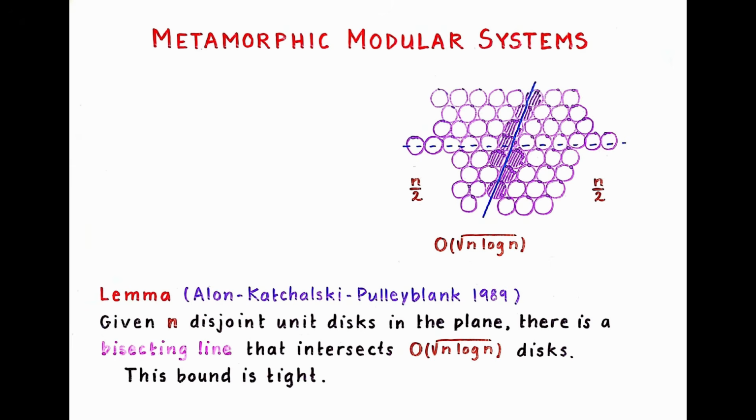You are allowed to choose your favorite line, but you want to cut as few coins as possible. And everybody, I mean me, would conjecture that the right answer would be square root of n. Although I bet that Noga also conjectured at the beginning that that would be the answer. But the answer is not square root of n. You cannot do it with square root of n.